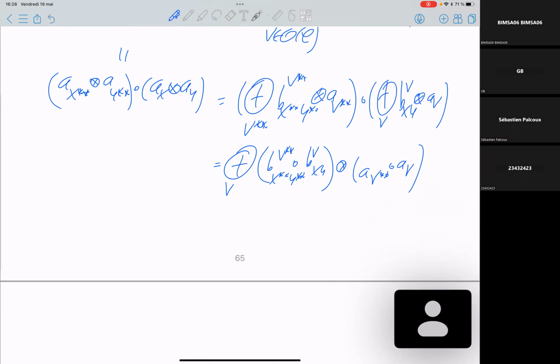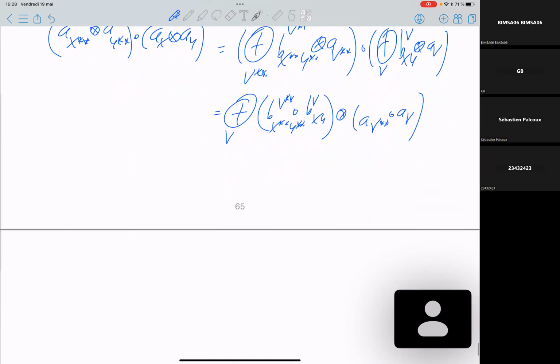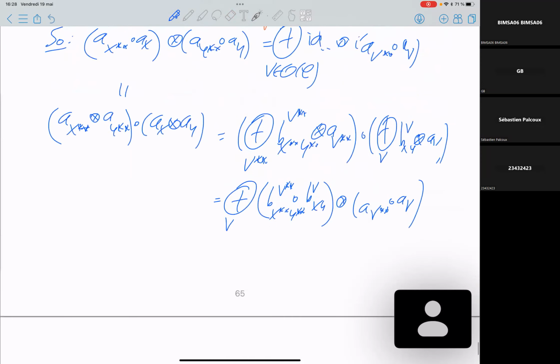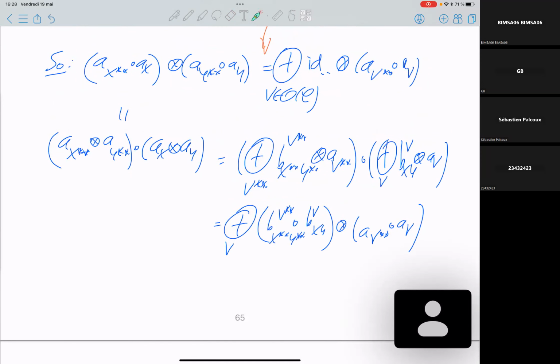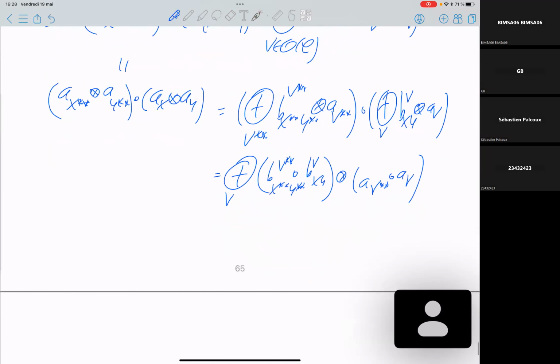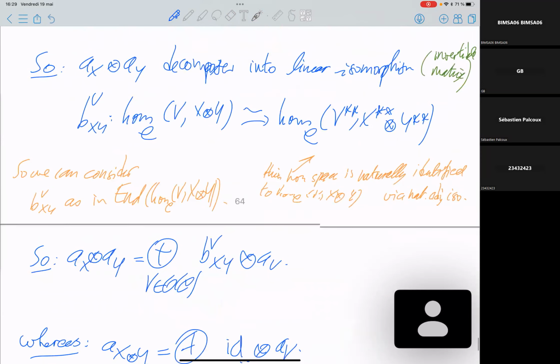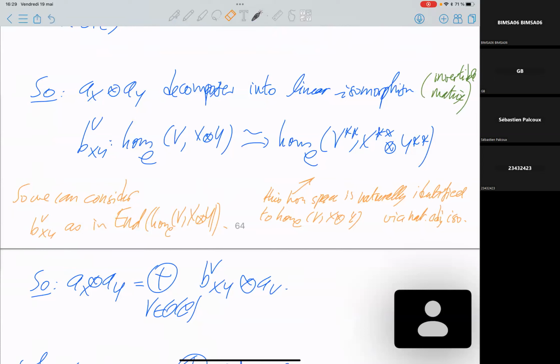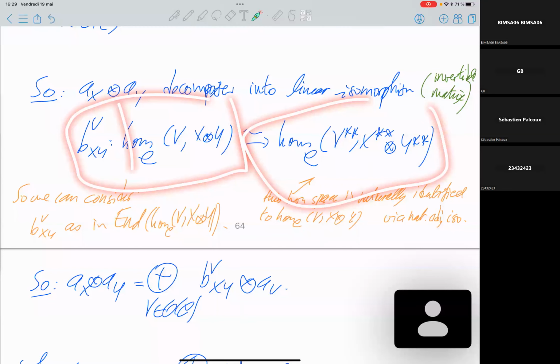Now, so then you have that. Right? You have that equal that. Then, thus, under previous identification, so identification here, we identify this space with this space naturally.